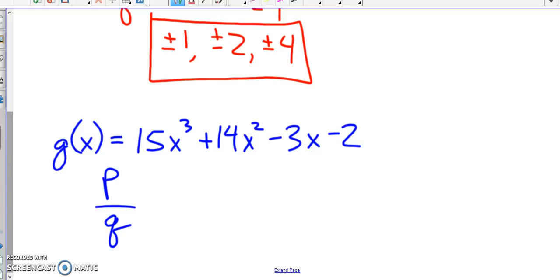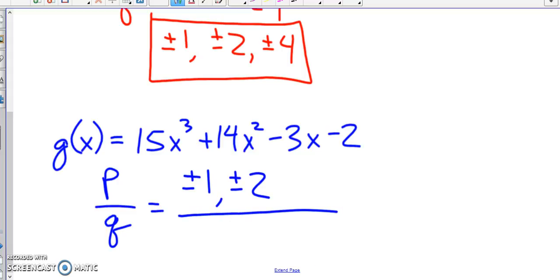P over Q. So, what will we have for P? Factors of the constant.